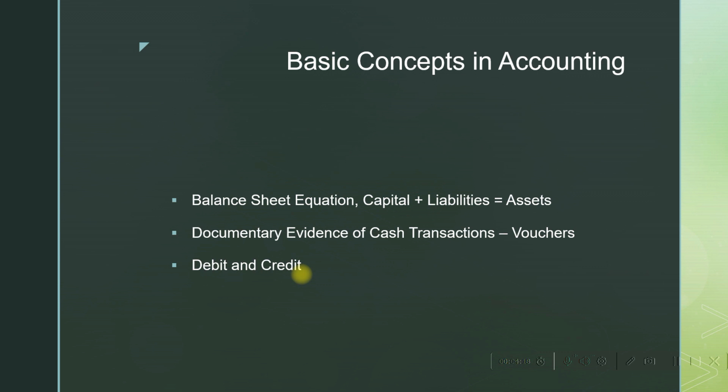So in the case of goods or services, if the stock and value of goods diminished, becomes credit. And in case of other accounts, the firm has made a gain in way of commissions, it becomes credit. So that is basically debit and credit. So we have defined what is balance sheet equation, what is vouchers or documentary evidence of cash transactions, and we have also defined what is debit and credit.